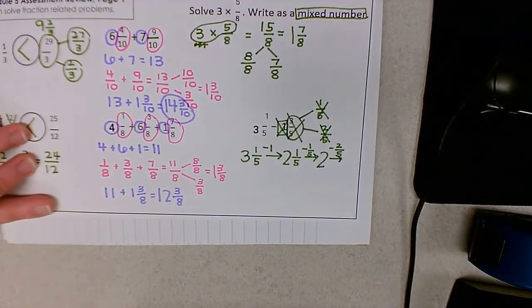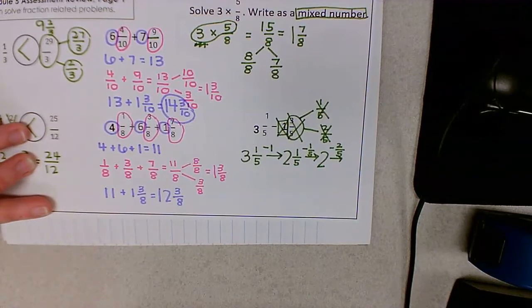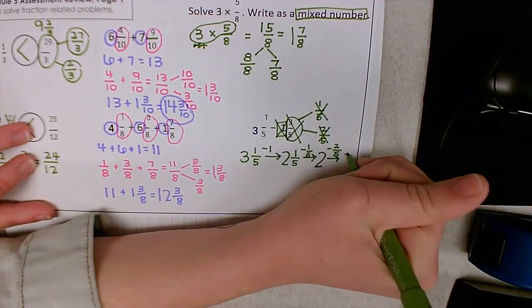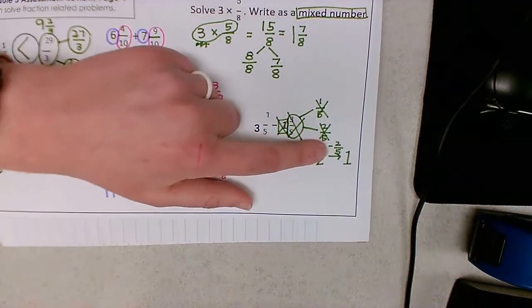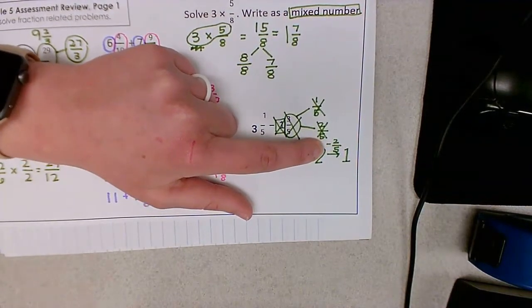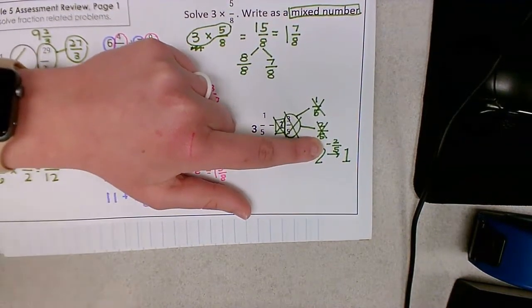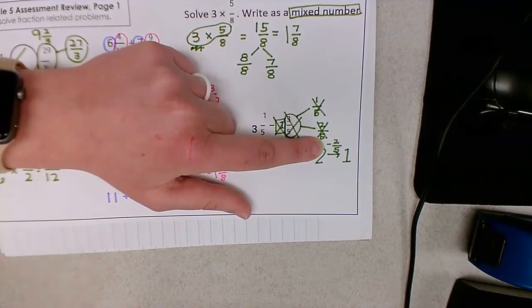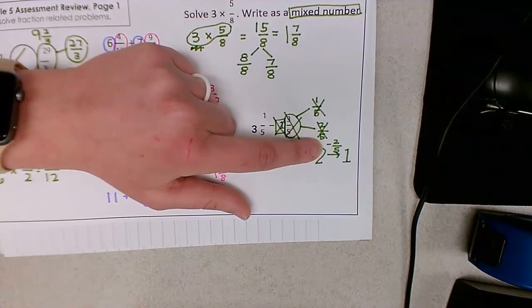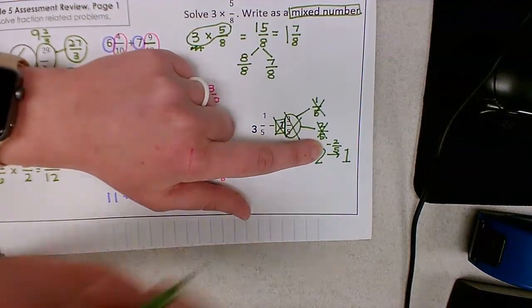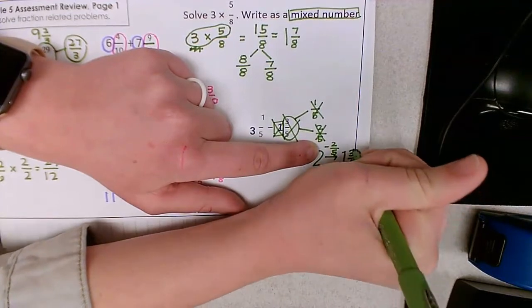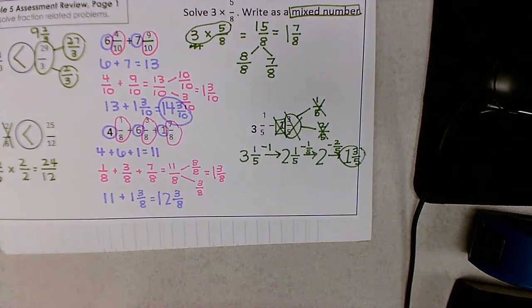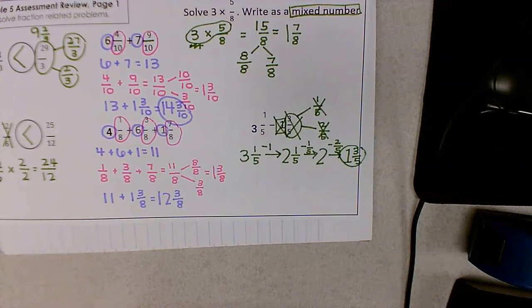When I take away a fraction from a whole number, remember it's that whole number minus 1, so 2 minus 1 is 1, and however many more we need to make one whole group from the fraction we're taking away. So if we're taking away 2/5, how many more fifths do we need to make 5/5, one whole group? That would be 3/5. So altogether, I have 1 and 3/5.